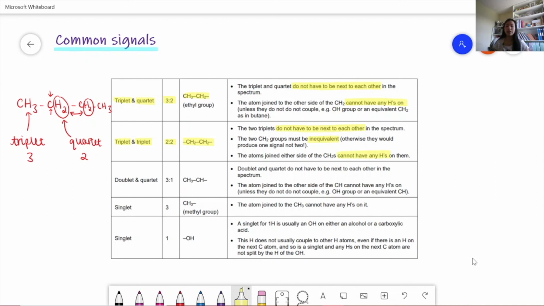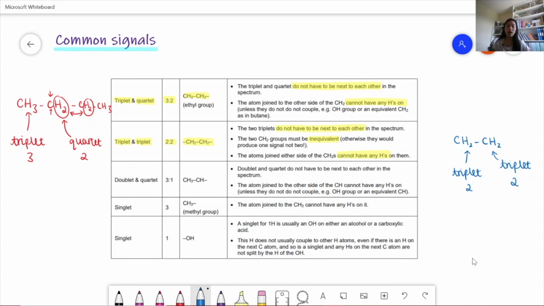And so the way this works is that we have two CH2s. These hydrogens would form a triplet, and these two hydrogens would also form a triplet due to the hydrogens on the carbon next door, using the n+1 rule. And of course they're in a ratio of 2 to 2.